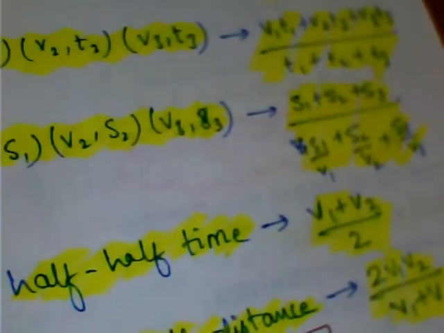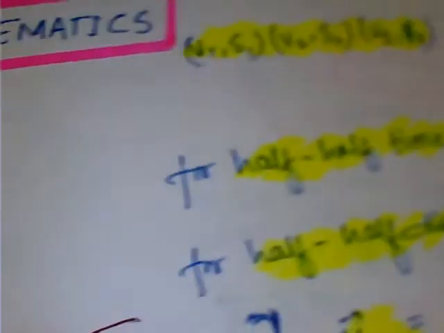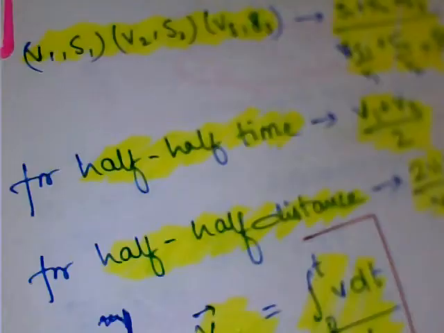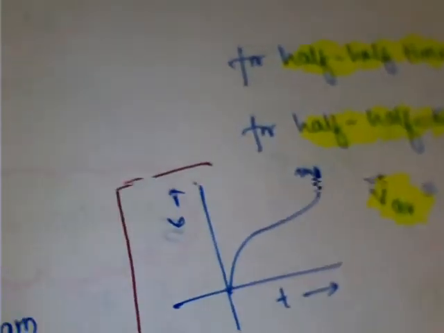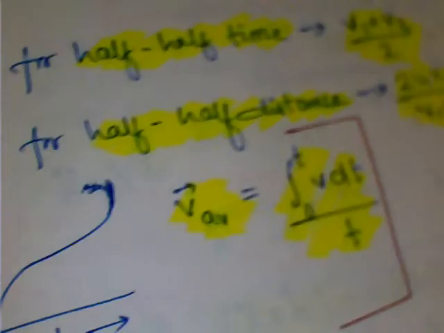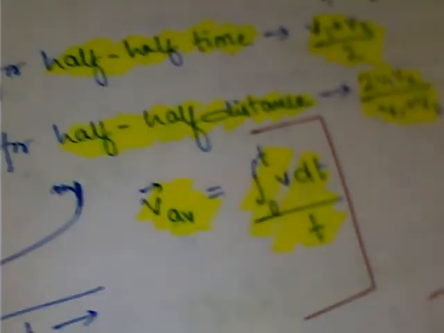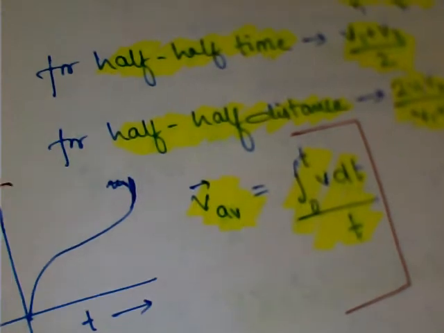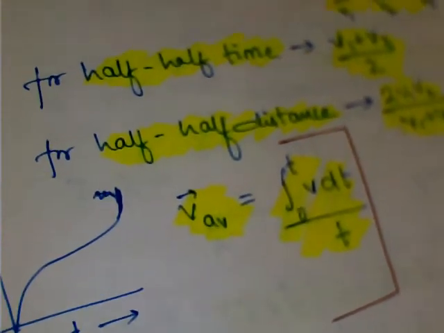For half of the time, the average velocity formula will be (v1 + v2)/2, and for half of the distance the average velocity will be 2v1v2/(v1 + v2). After that, let us come to graphs. If the graph is like this, then average velocity is the integral of v dt from 0 to t, divided by t.